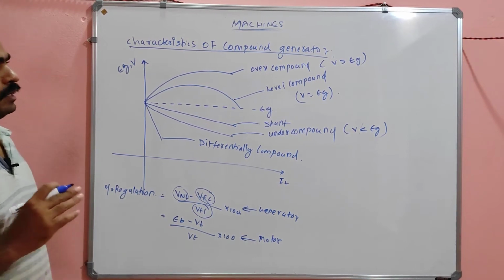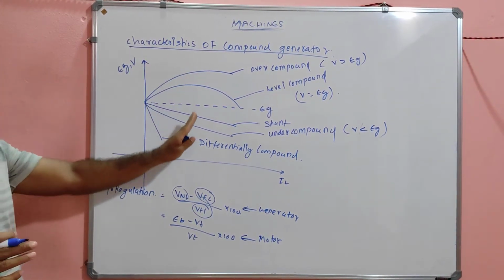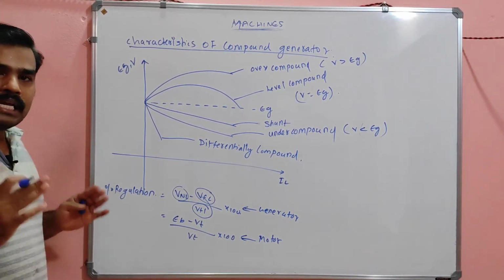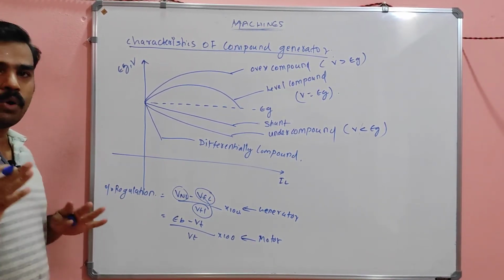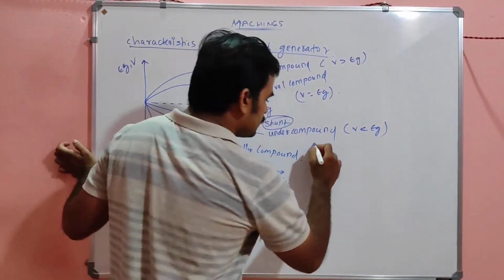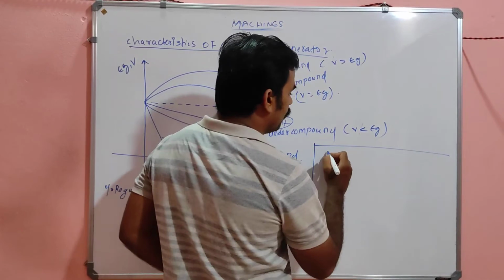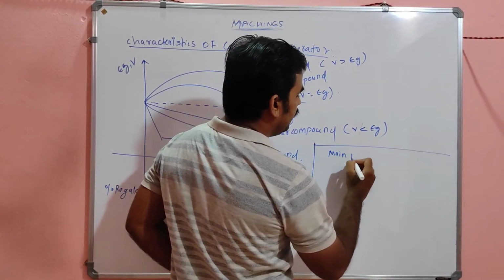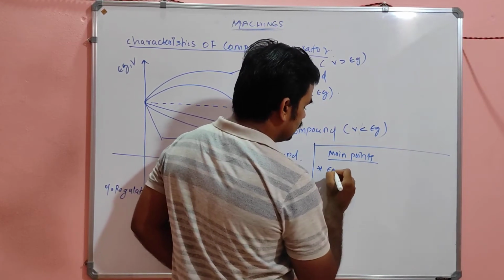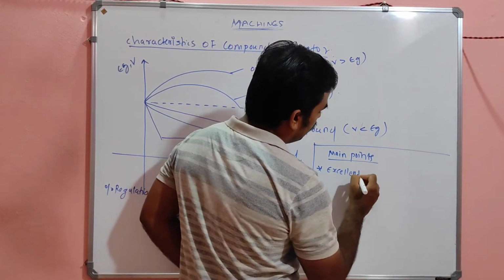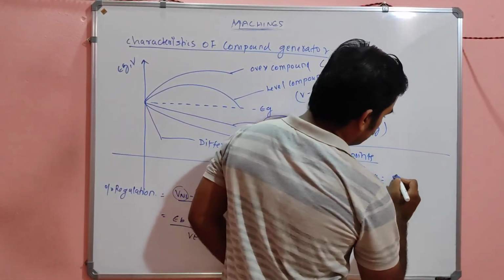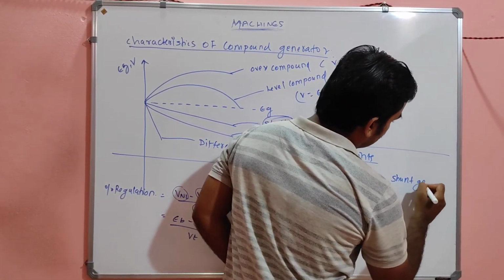That's all. By observing these graphs, we observe one thing, that the excellent voltage regulation is offered by the shunt generator. That means the main point here is that excellent regulation is offered by what, my dear?